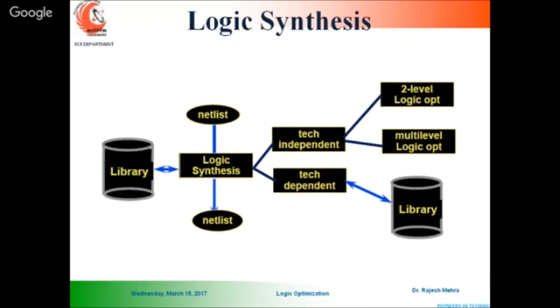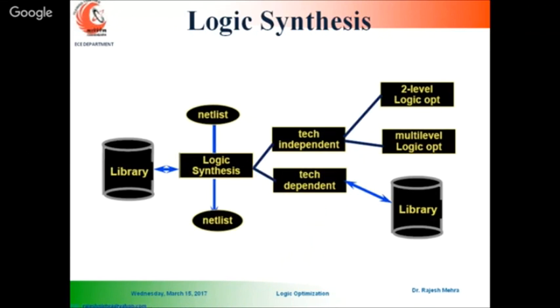So now from here you can see library, logic synthesis, technology independent, technology dependent. Technology independent can have two-level logic options, then multi-level logic, meaning your K-map with different number of variables, 4 variable, 3 variable, like this.